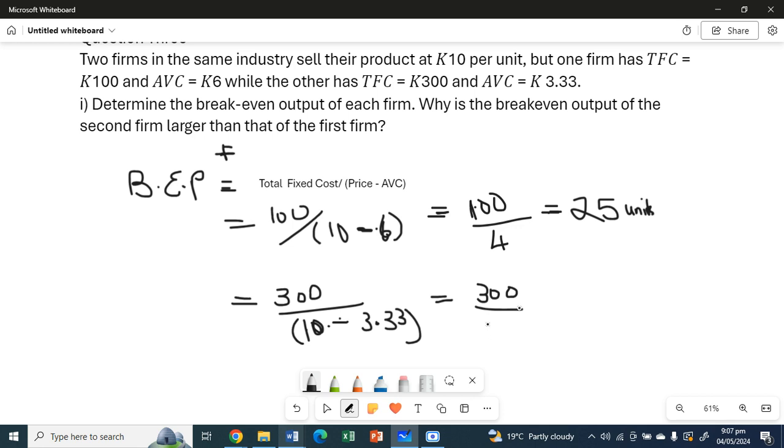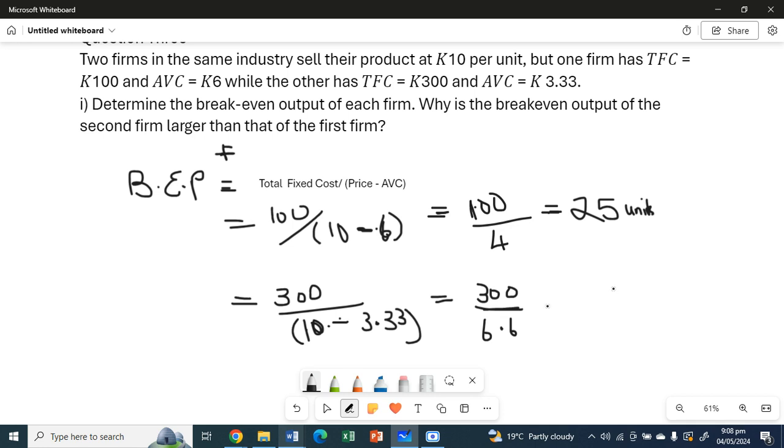Okay, so we can round it off to 45, because this is a number of units. So we say 45 units.